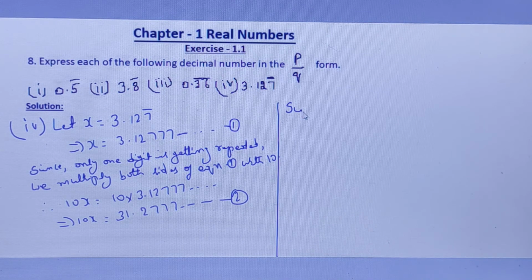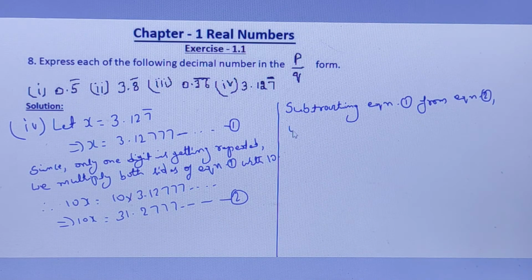Subtracting equation 1 from equation 2, we get 10x is equal to 31.2777 and so on.